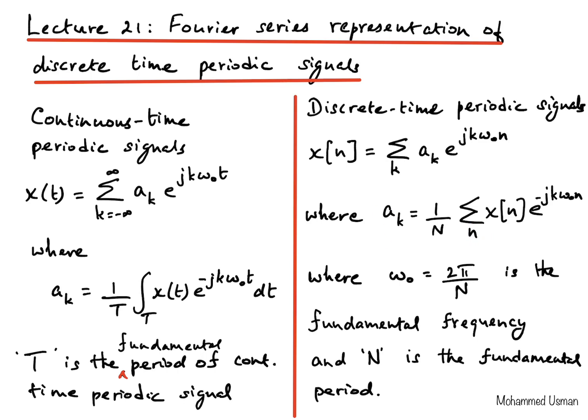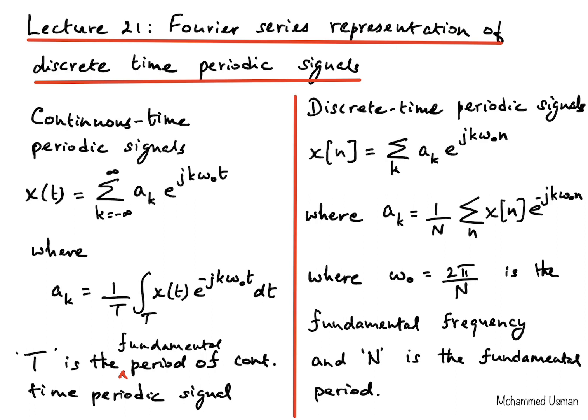Now the parameter omega naught is the fundamental frequency of the discrete sequence, which is denoted as 2 pi by N, and N is the fundamental period of the sequence x of n. Now there are a few important things that we need to remember in the case of discrete time periodic signals.